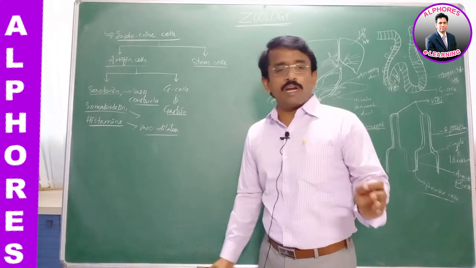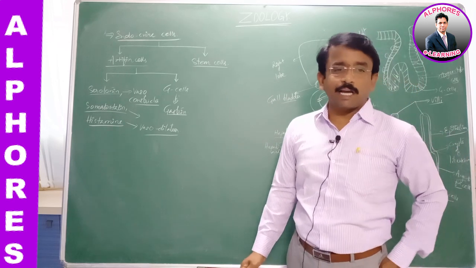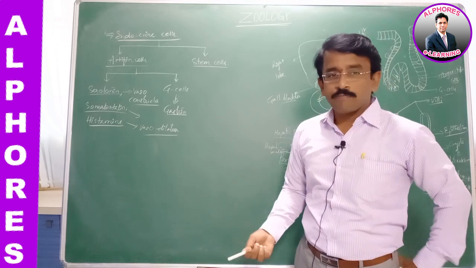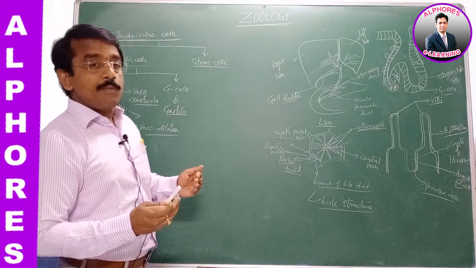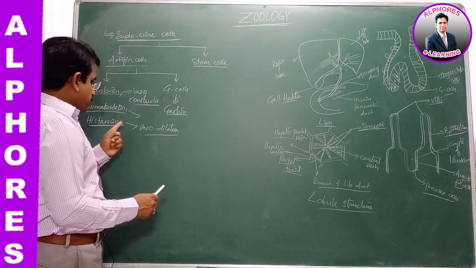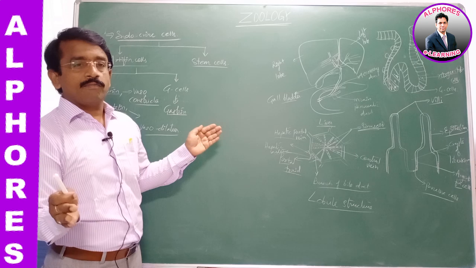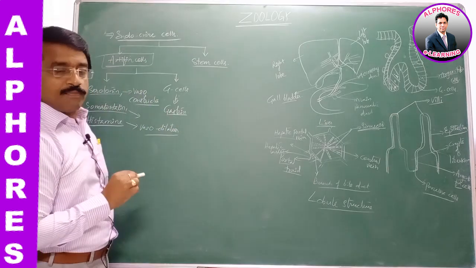Somatostatin inhibits the secretion of the digestive enzymes or hormones, thereby the enzymes. So secretion and inhibition both maintain the balance. Histamine is a vasodilator which dilates the blood vessels. So that is the role played by the argentaffin cells.